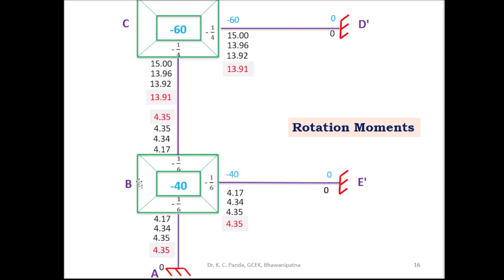What is the moment you got at joint B? This moment you have to consider as the far end rotation moment for the joint C. So on this side you take 0, this side 4.17, the rotation factor is -1/4, and the fixed end moment of the joint C is -60. Then find out m dash CB and m dash CD.